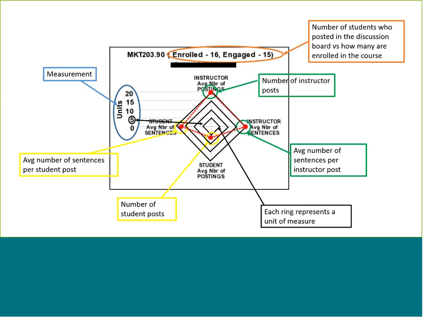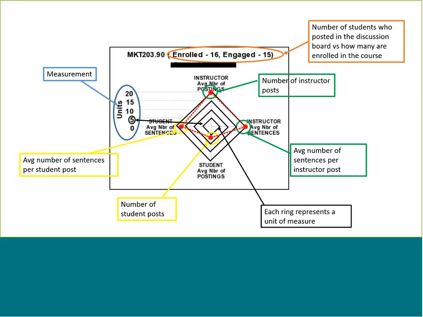On the right of that diamond is the average number of sentences that instructor wrote per discussion. That was calculated based on 100 characters as a sentence. So a space is a character, a period is a character, an exclamation point is a character, an apostrophe, a parenthesis, those are all characters.